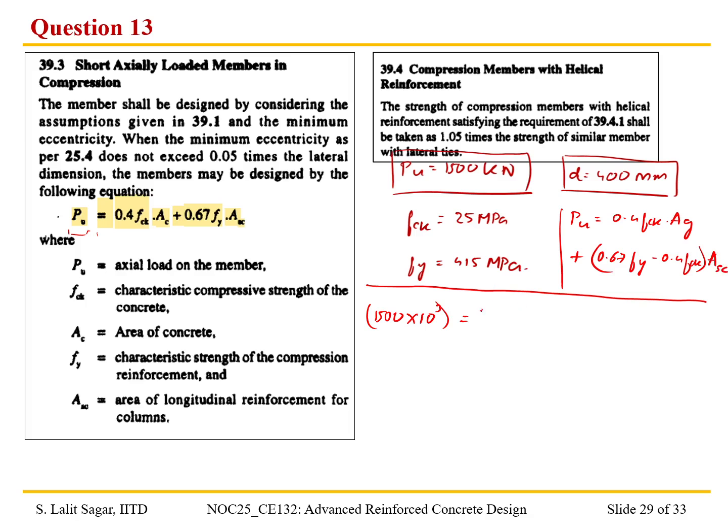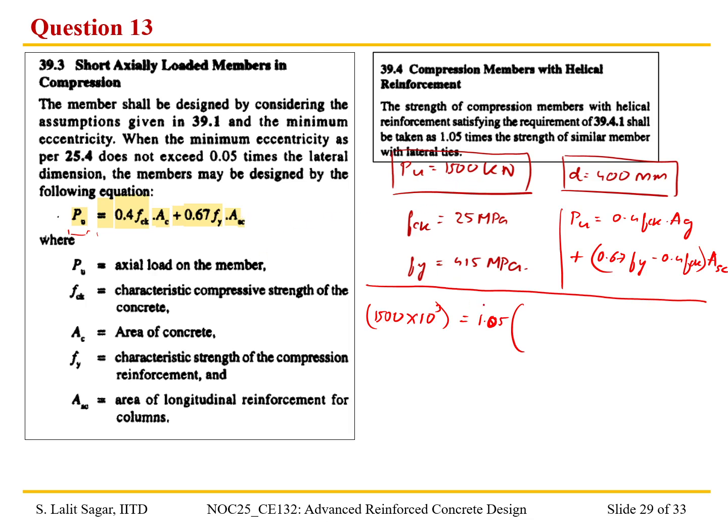Here we're going to multiply the RHS by a factor of 1.05, so that a lesser area of concrete and a lesser area of reinforcing steel will be able to withstand the same load.